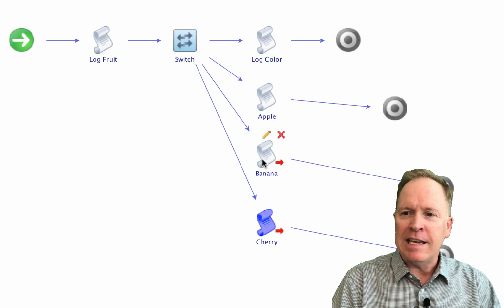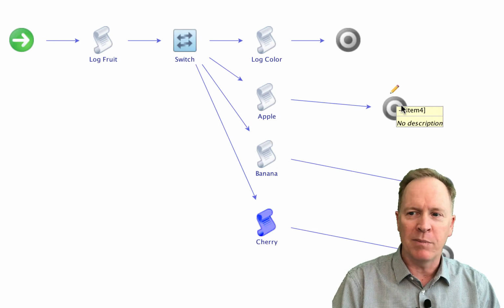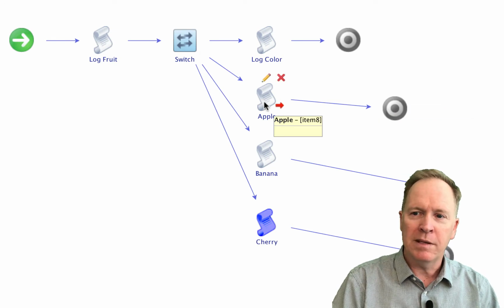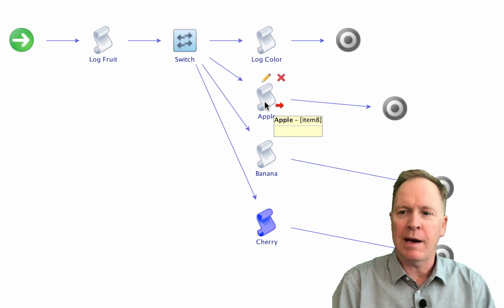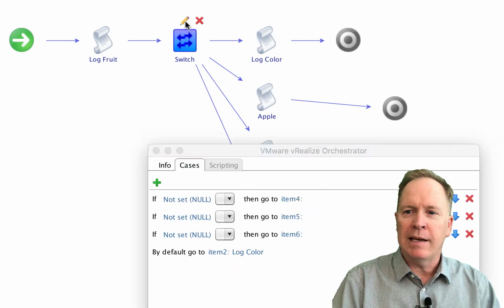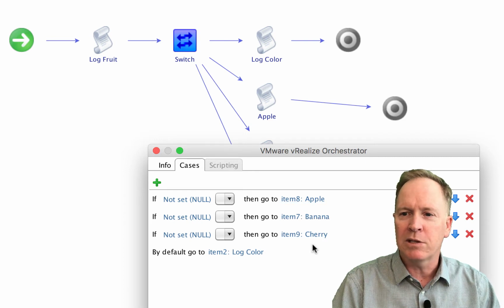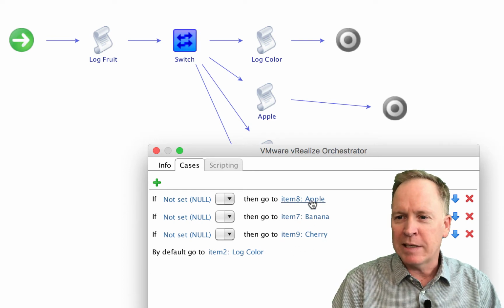By defining these, now the switch statement is pointing to something that has a label. Instead of pointing to something that's just called item 4, the case path is now pointing to apple. That makes it easier for me when I edit the switch to see exactly which of these cases is going to which. So it still says the item number, but it tells me with the label of each.